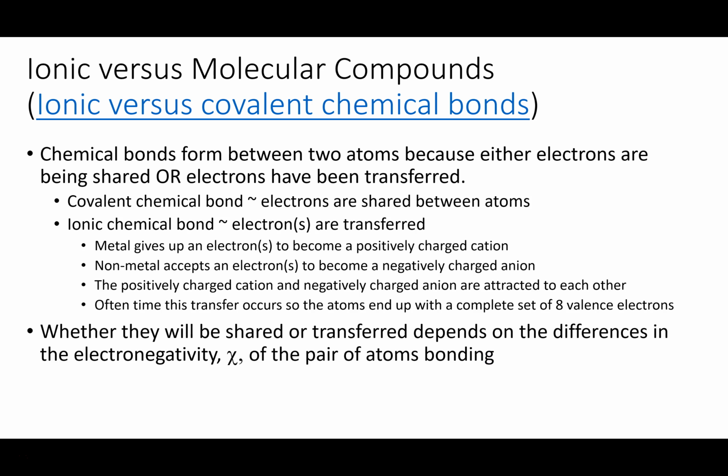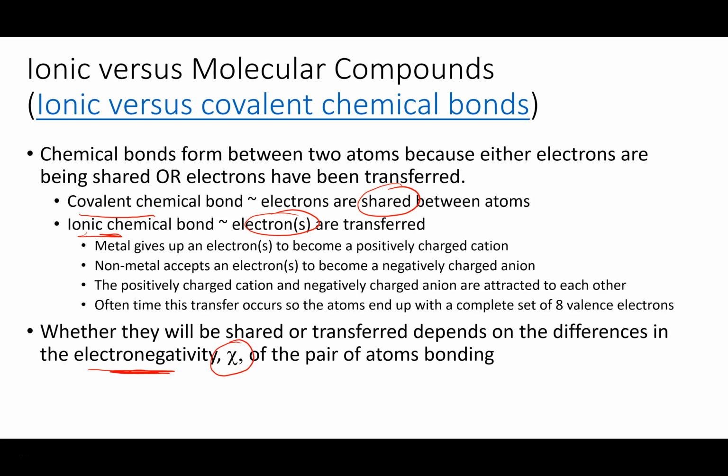And then we talked a little bit about ionic versus covalent chemical bonds. A covalent chemical bond is where electrons are shared between two atoms. In an ionic chemical bond, an electron is transferred to make a cation and an anion, and then they'll attach together. We talked about electronegativity, and that's this Greek letter looking like X, the chi, and that's the tug of war.